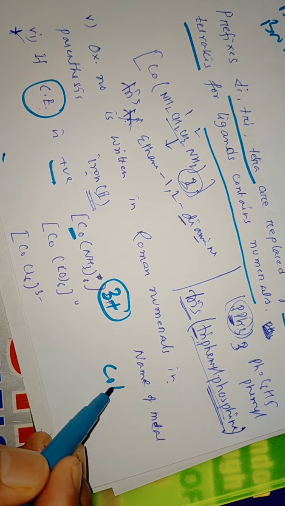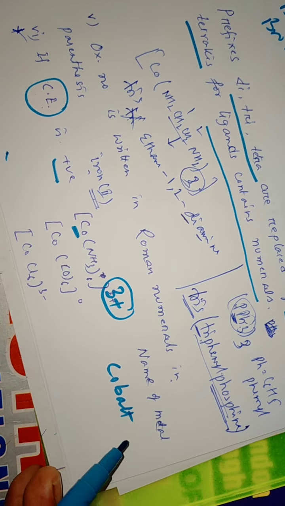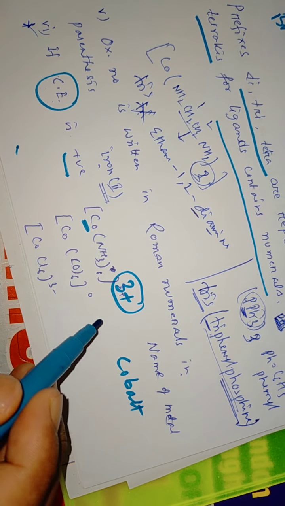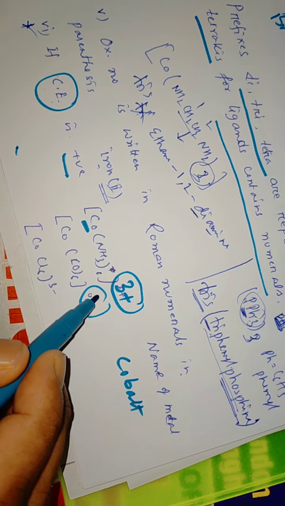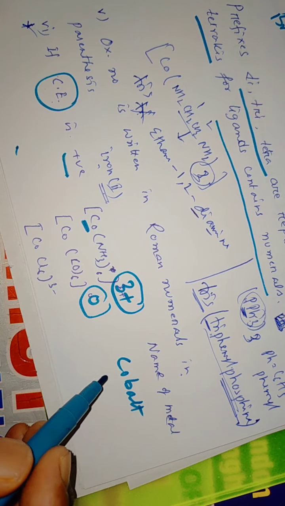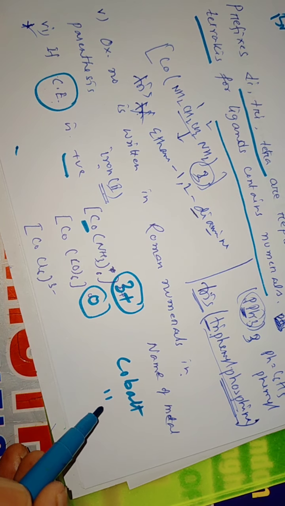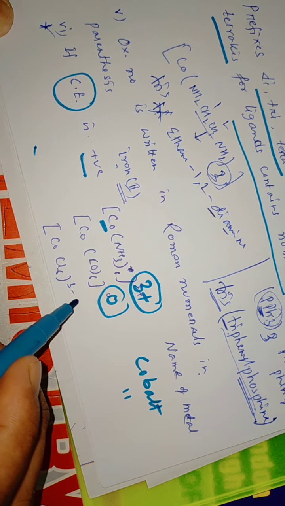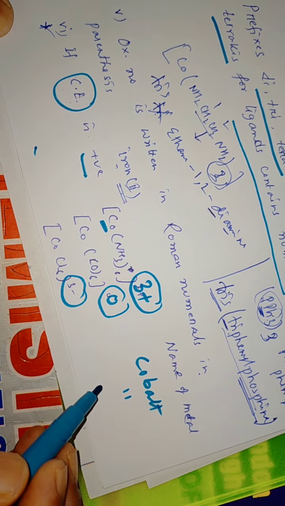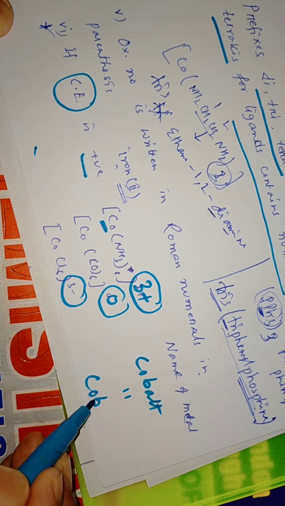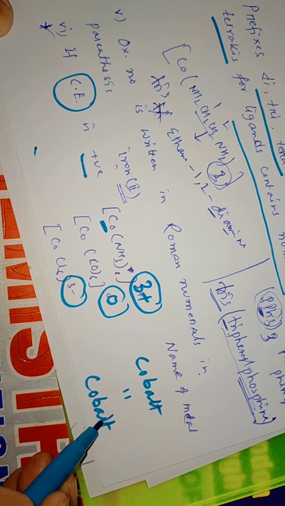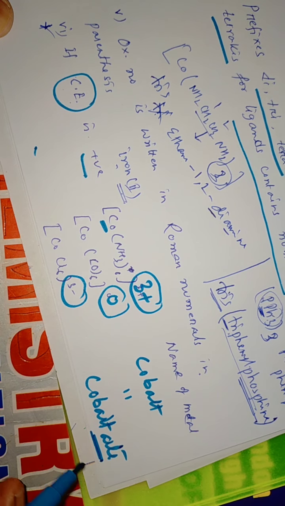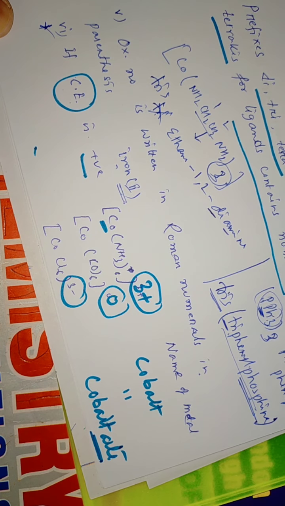The cobalt name remains as cobalt. If the coordination entity is neutral, there is no charge, 0, then also cobalt remains cobalt. But if the coordination entity contains negative charge, then the name changes, cobalt becomes cobaltate. -ate, extra things you have to add.